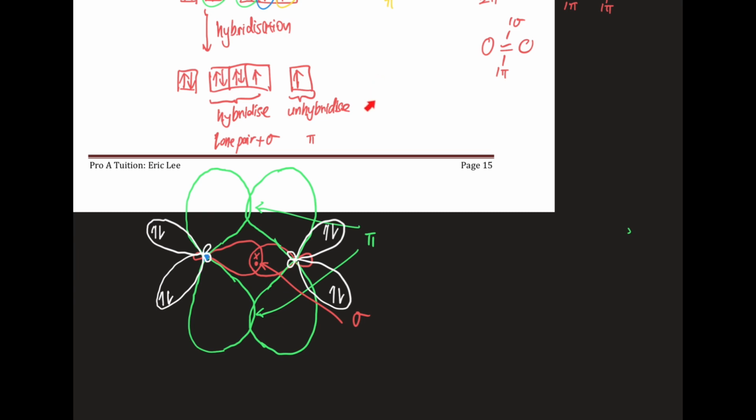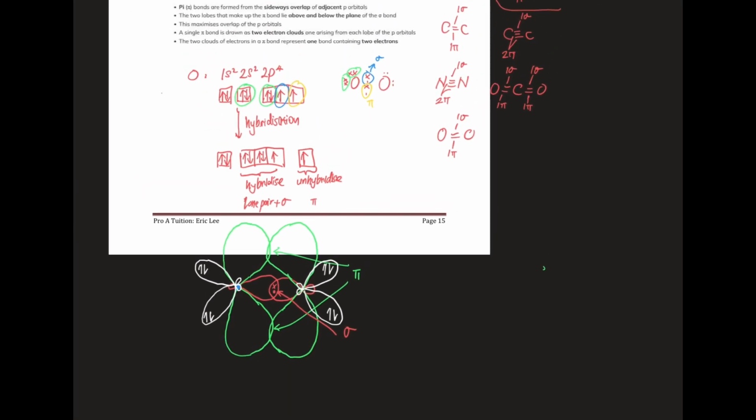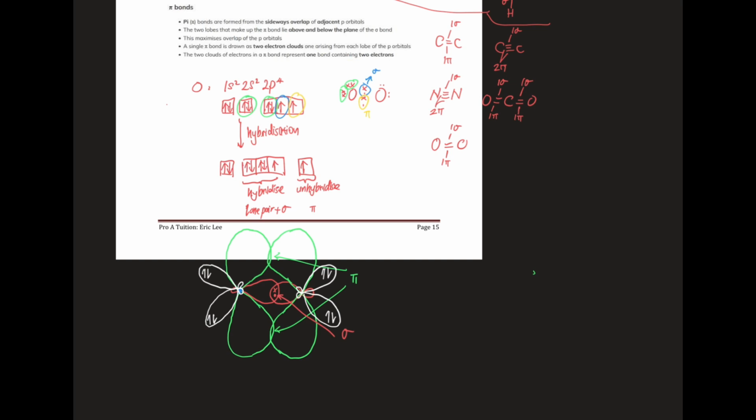It is more complicated compared to the dot and cross diagram, so you try to compare. This oxygen is here, the nucleus is here. The pi bond is here, the sigma bond is here, the two lone pairs here and here.